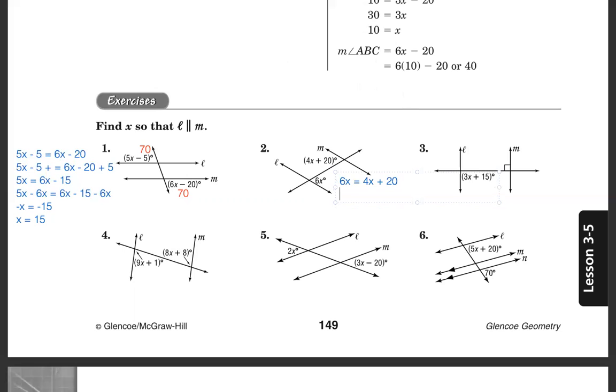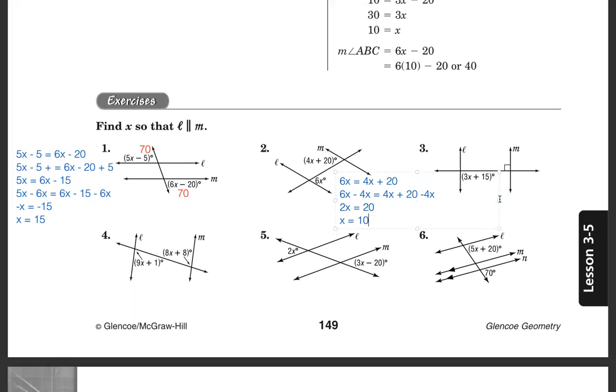And then minus 4x on both sides. 6x minus 4x equals 4x plus 20 minus 4x. Then that gives us 2x equals 20. Divide both sides by 2, x equals 10.